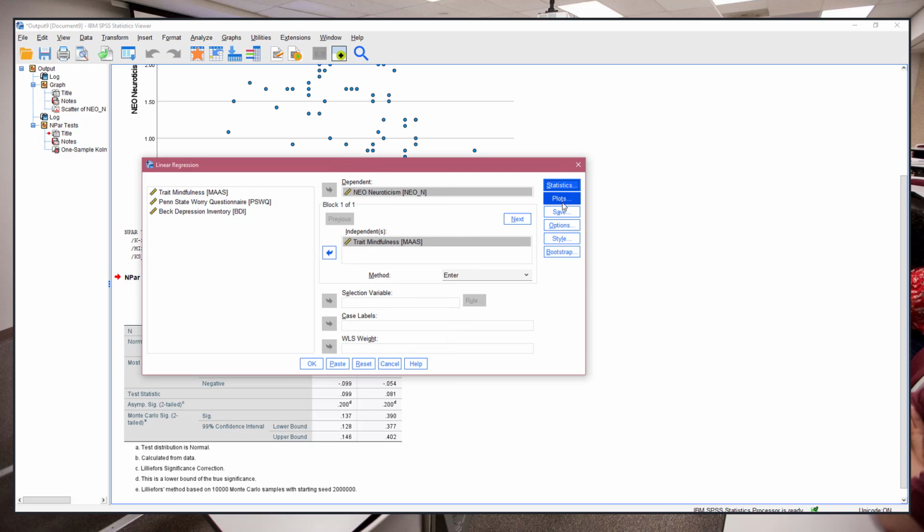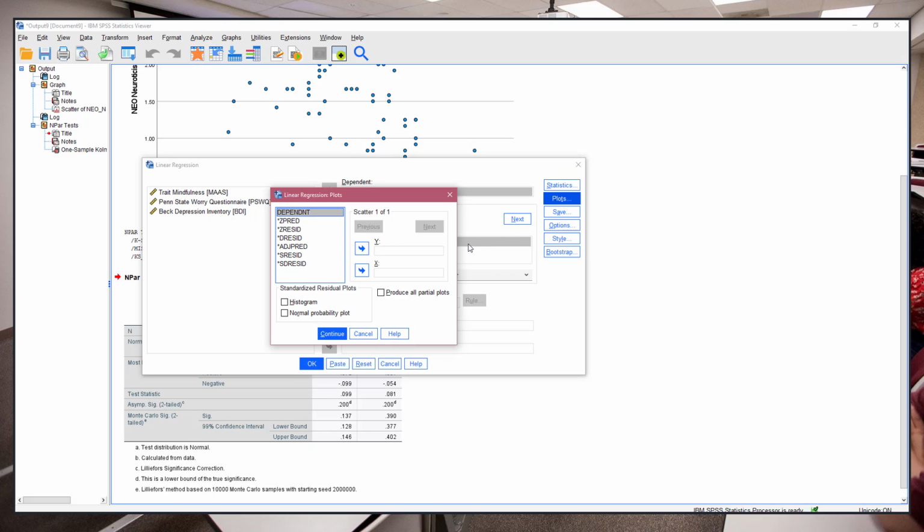And then go to Plots. And this is where we assess whether or not our distribution is going to meet the assumption of homoscedasticity. So what we're going to do is we're going to put the standardized residuals on the y-axis. So that's z resid.